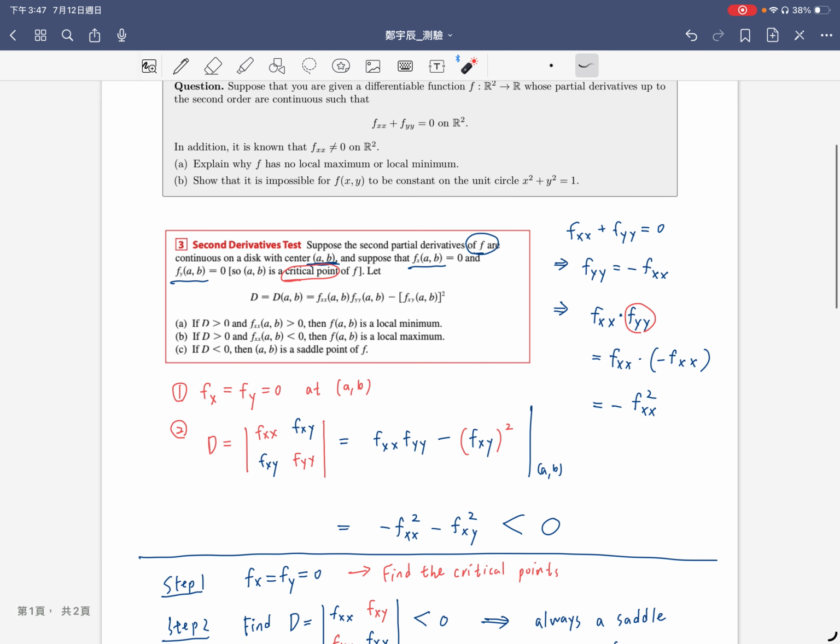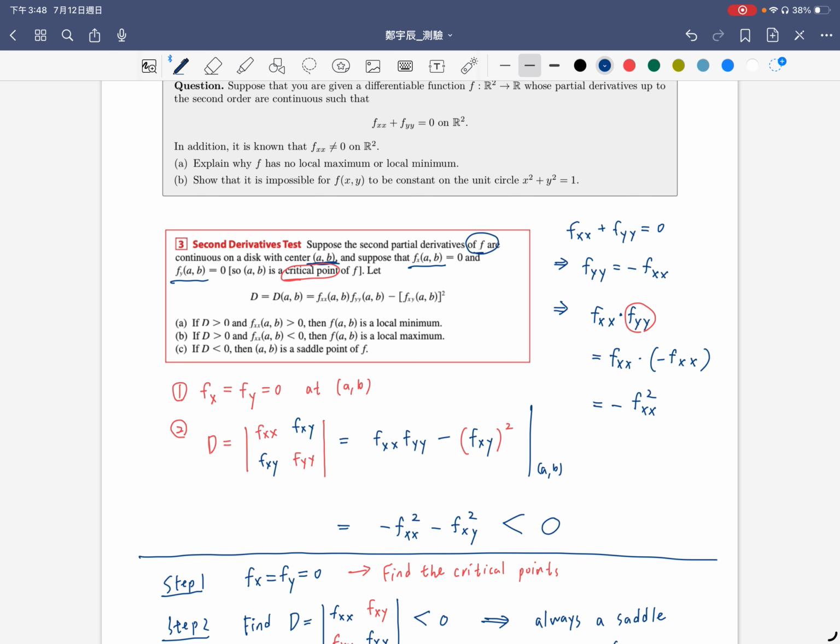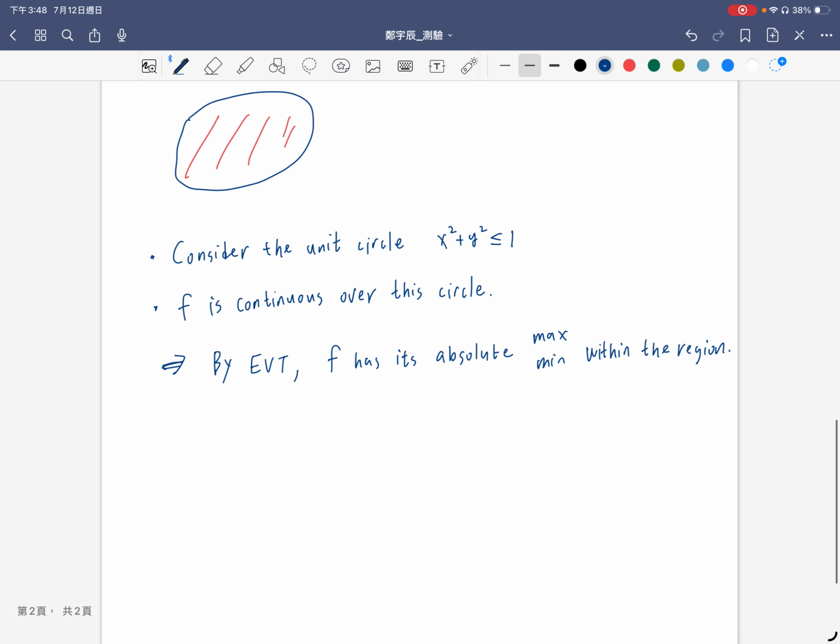So there will be no local extremum inside the region. As a result, the local extremum should appear on the boundary of this region. That means x squared plus y squared equals 1.